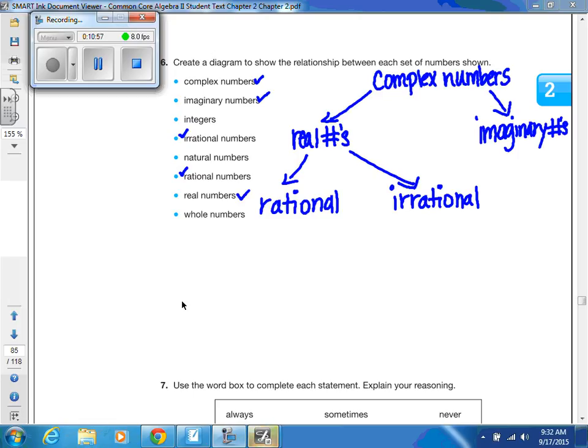Now remember way back we talked about sets of numbers, like 100 years ago. What's the next smallest set of numbers after rational? Whole numbers? Whole numbers are 0, 1, 2, 3, 4, 5. There's a set on here that's left that's bigger than that. Integers. Because integers are whole numbers and their opposites.